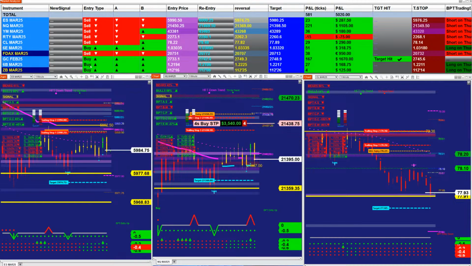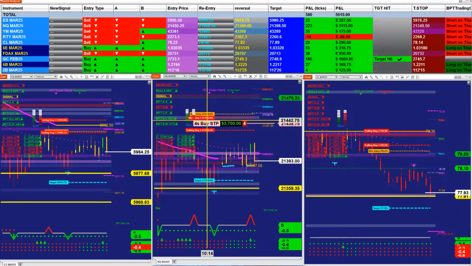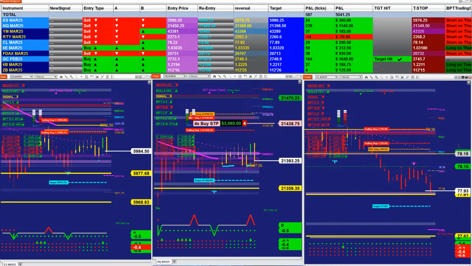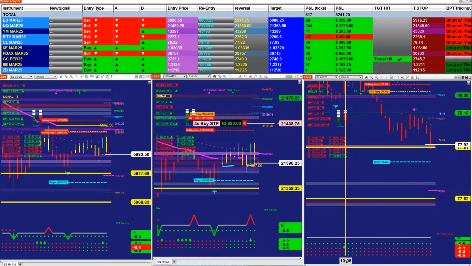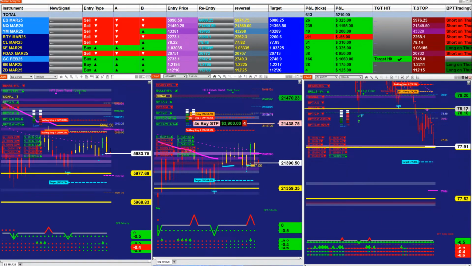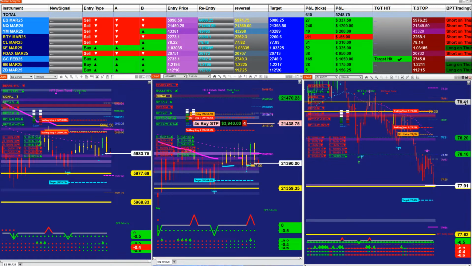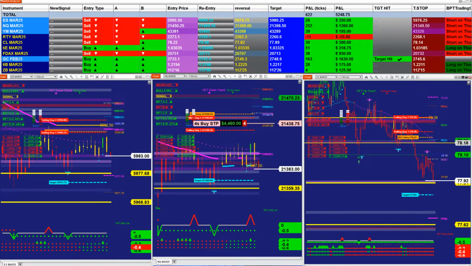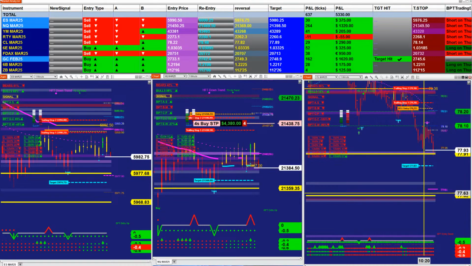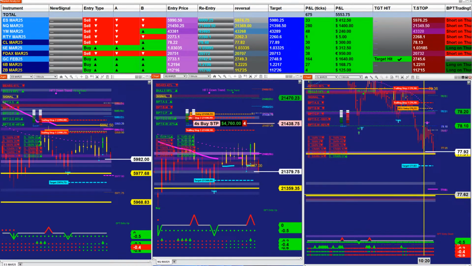Always, when you have a problem with the ES and Nasdaq, if we look at the CL, we can see how the lines, the fibs, are sprayed out, coming to the projection at 78.10, and the final destination is 77.72.